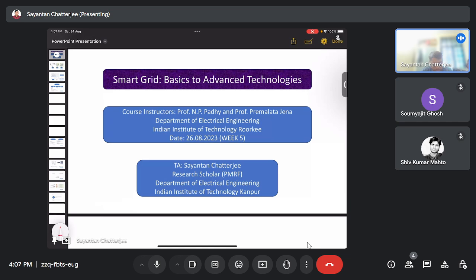Our aim is to minimize repeated tripping or something like that, so we need a better way of operation. For that we need to develop our protection algorithms, also called relay coordination programs. These things need to be properly developed.